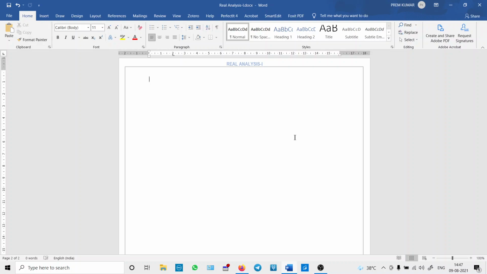So first we will see what is the definition of a set. This is a very basic thing, but anyway I will start with the definition of a set. I name this as definition number 1.